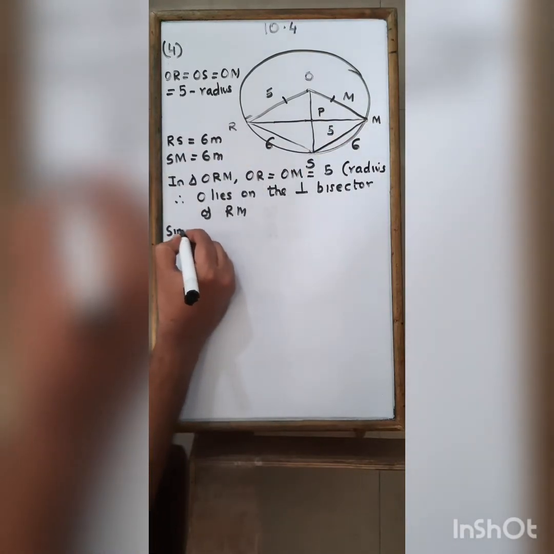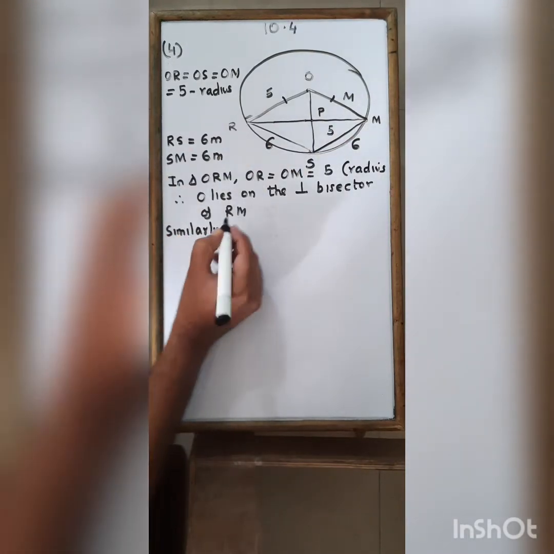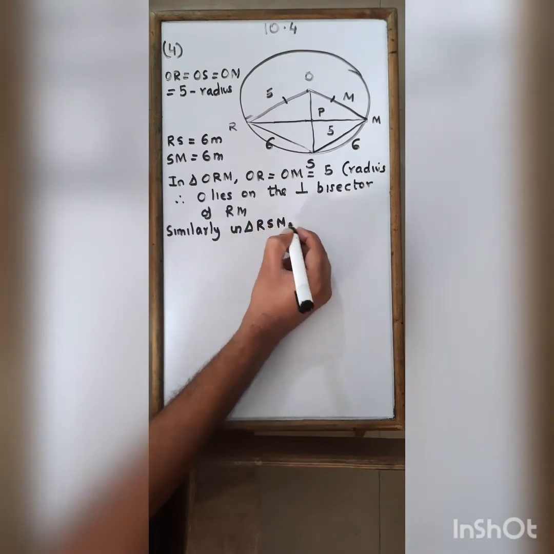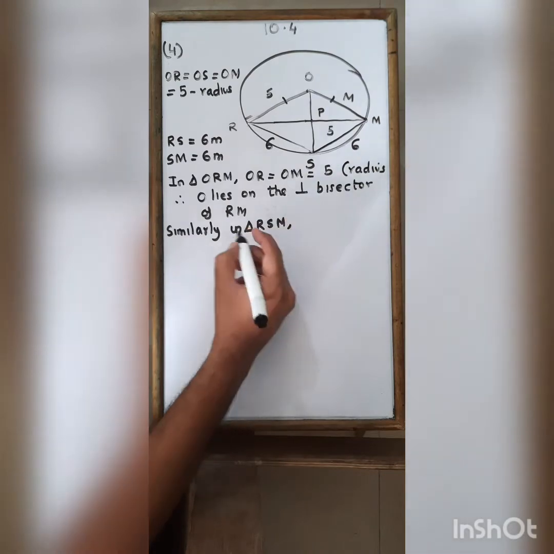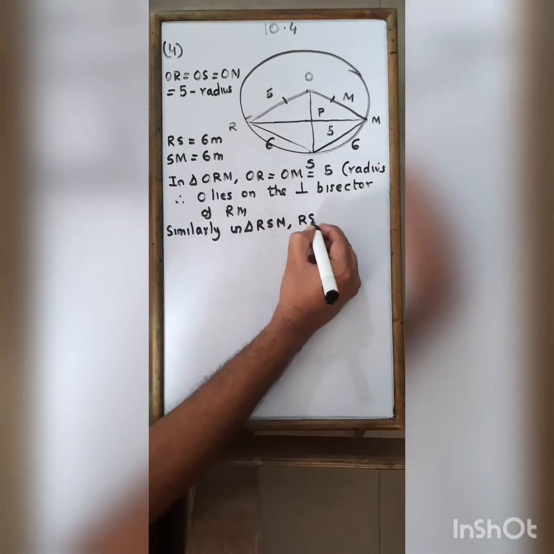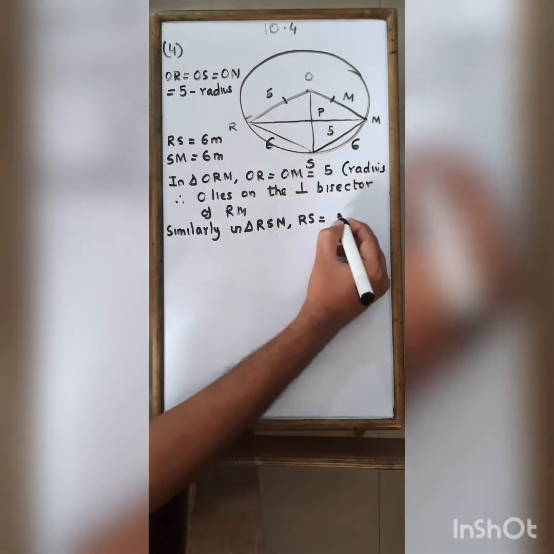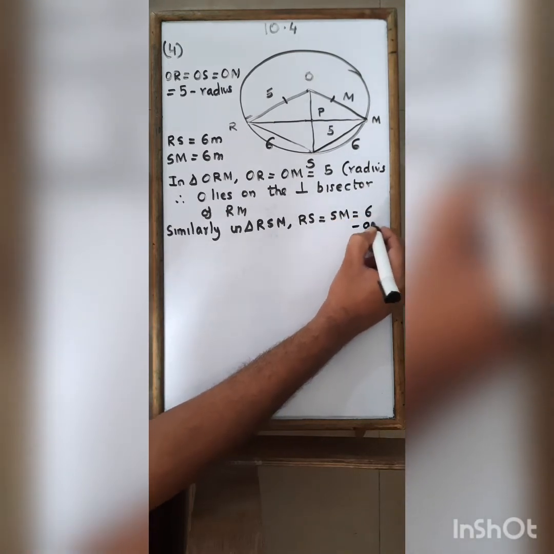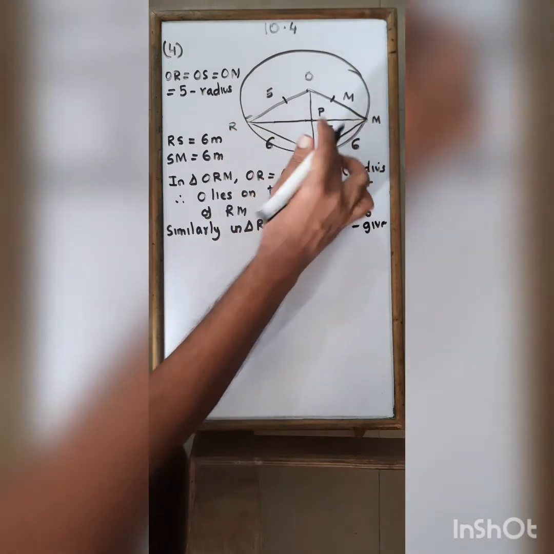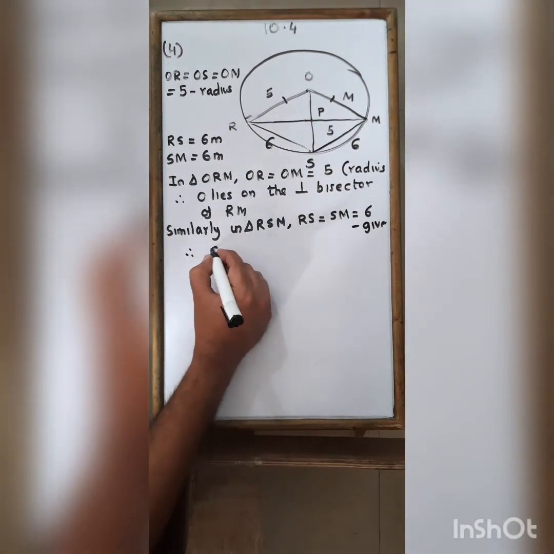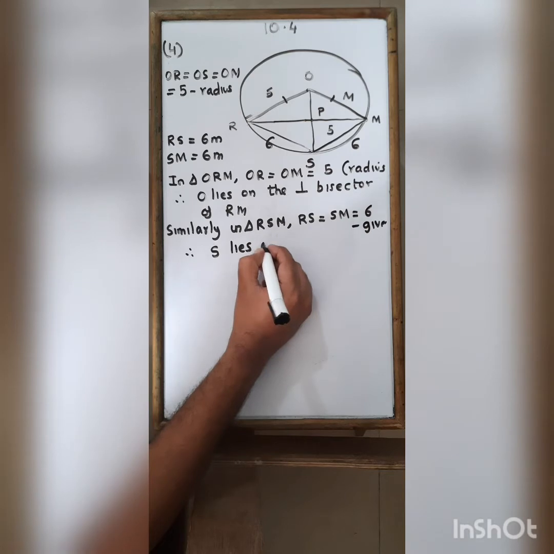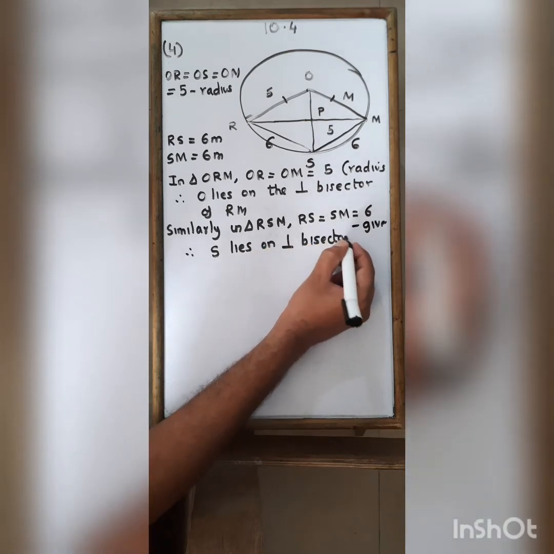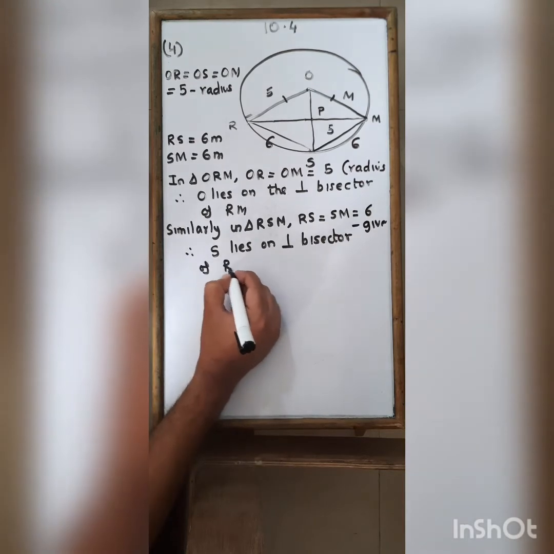Similarly, in triangle RSM, can I say RS is equal to SM is equal to 6. It is given, right? These both are 6. Therefore, S lies on the perpendicular bisector of RM.